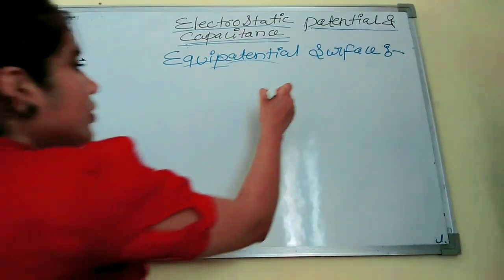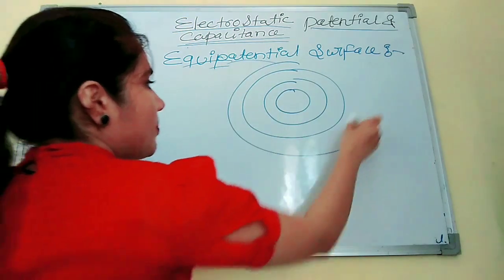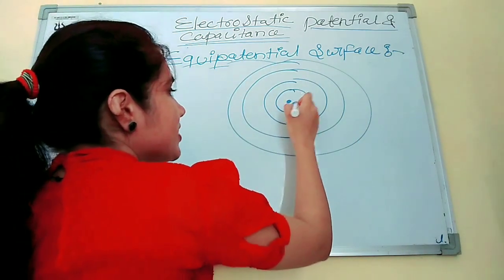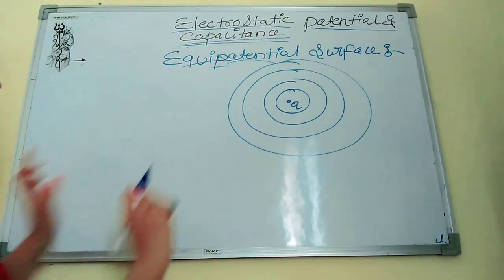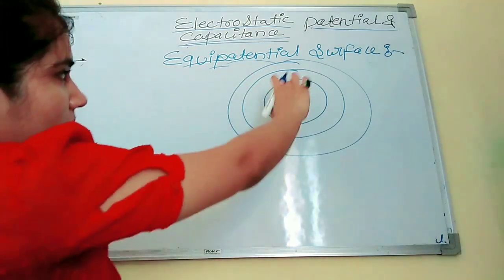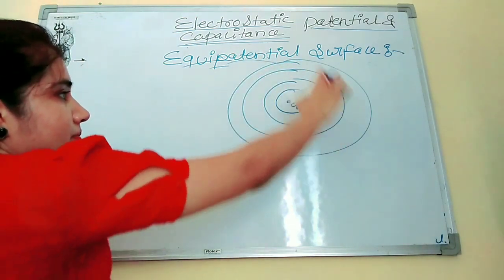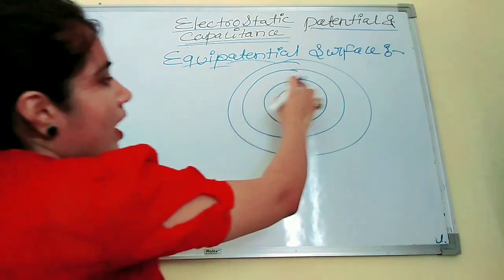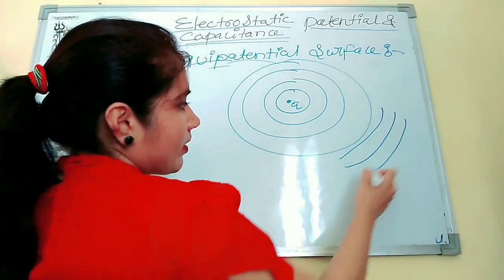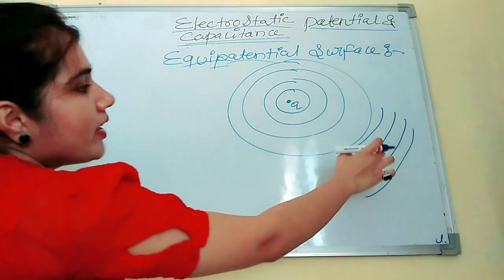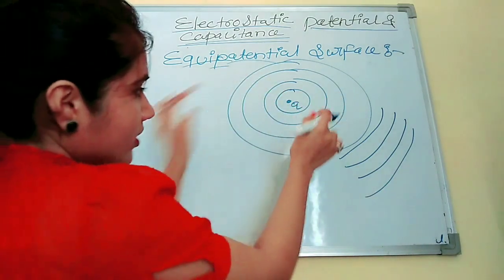Okay, now these are the equipotential surfaces. It is appearing like this, and charge Q is placed at the center. Now you can see here that every point has the same potential, but if we go far like this, these lines appear parallel to each other, right?